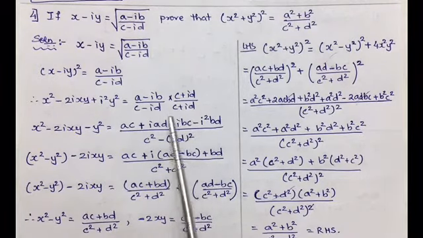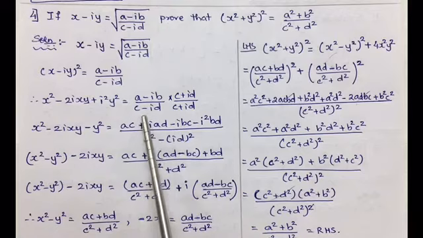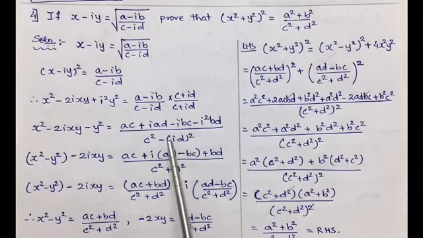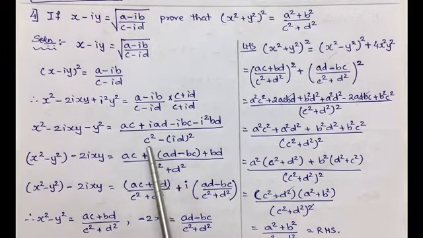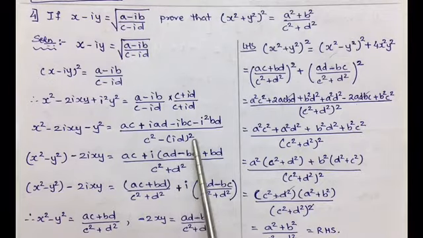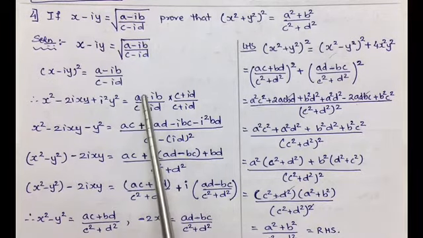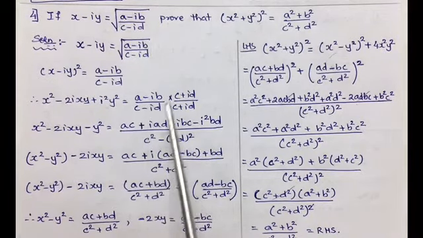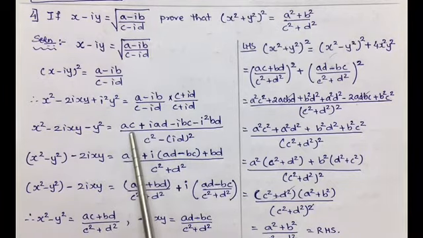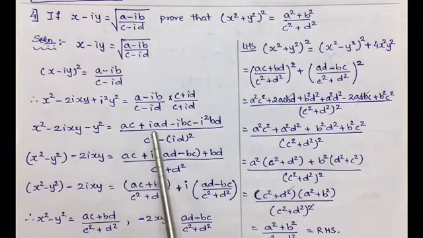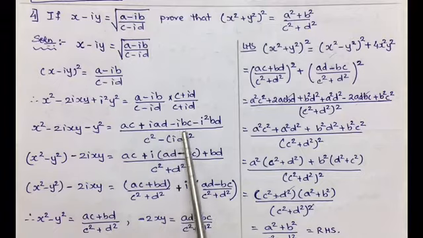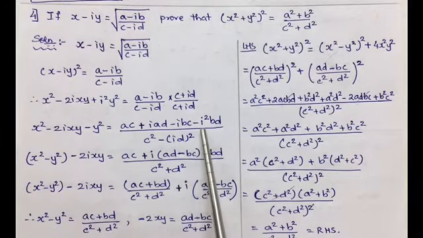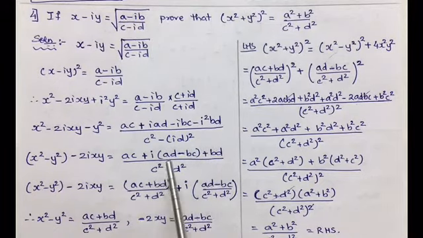Now on the denominator, we have to make use of the a square minus b square form. So a square minus b square gives c square minus (id) square in the denominator. Multiplying both these brackets, the numerator becomes ac plus iad minus ibc minus i square bd.